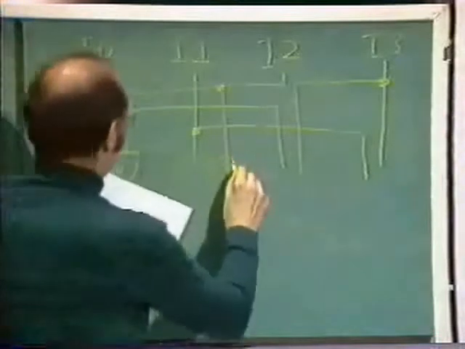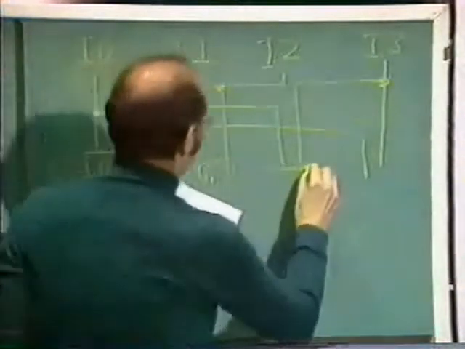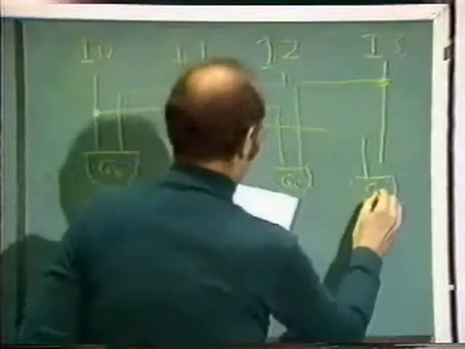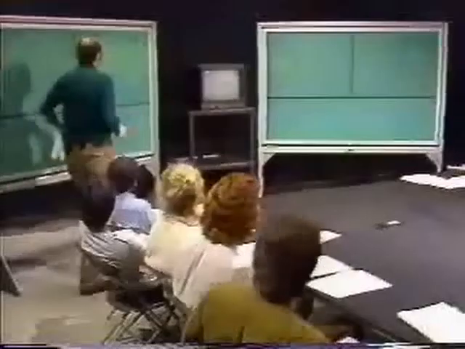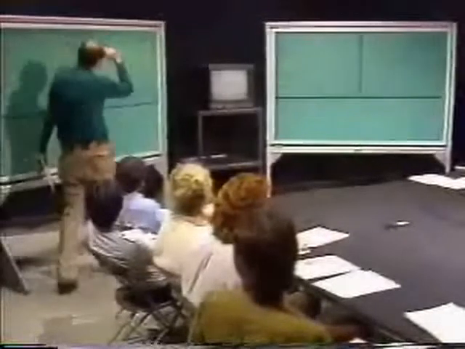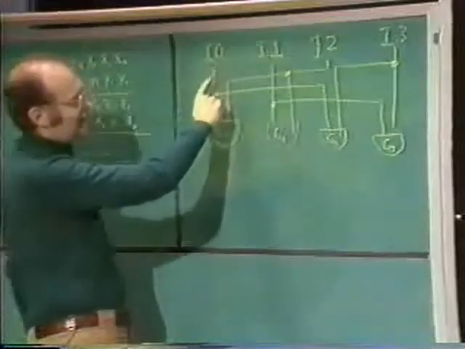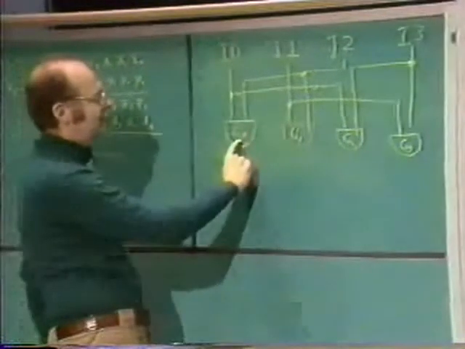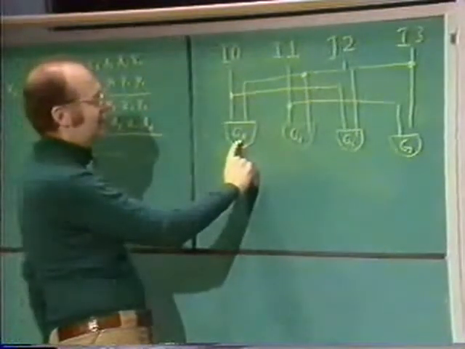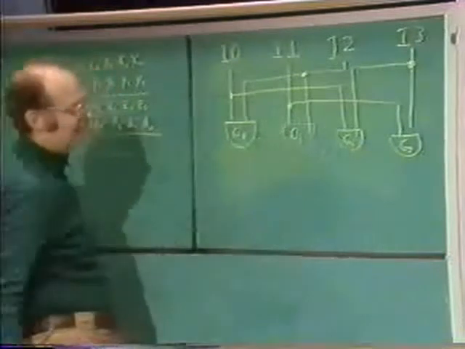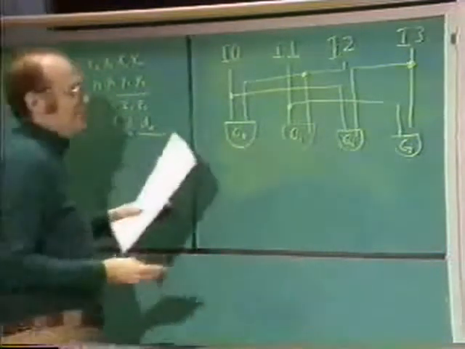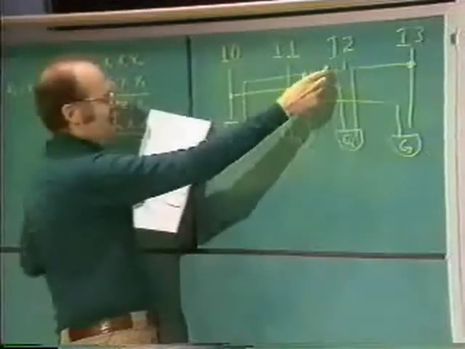And G1, G2, G3. And we know about those. We want to take I0 and I1 on to I2 and I3. And that gives us G0 and G2. And similarly the other guy. Well, this must be the Y.